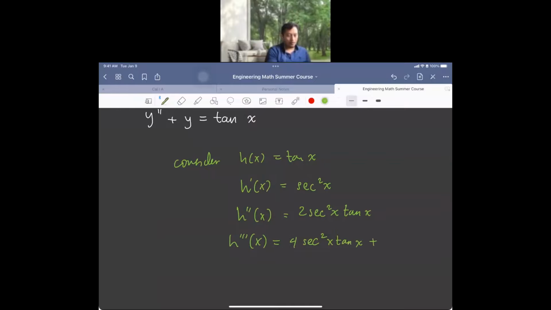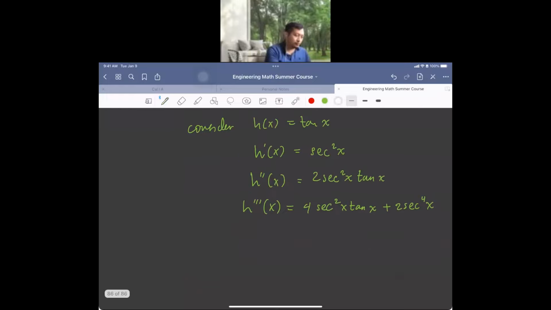And then plus the product rule. Secant squared is secant fourth, so 2 secant to the power of 4, right? And if you imagine you derive again, it's getting massive, right?